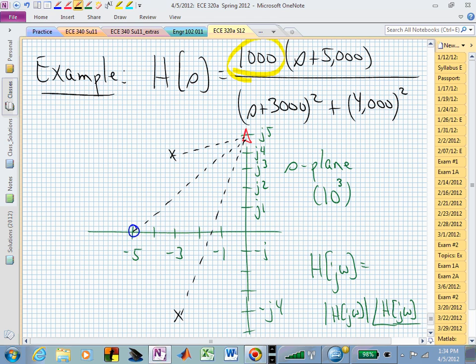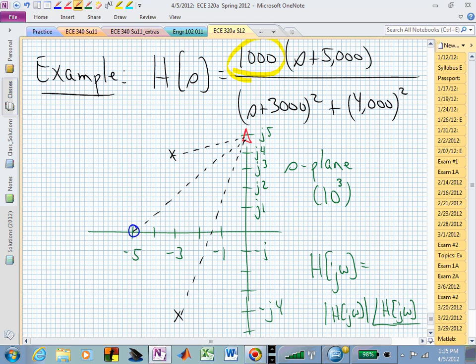Now you can go down to this guy and say, okay, here's my horizontal real line from that singularity. I now have to look up that much to see the angle contributed by this pole at minus 3,000 minus j4,000. And if I calculated that analytically, I would have inverse tangent of 9 over 3.